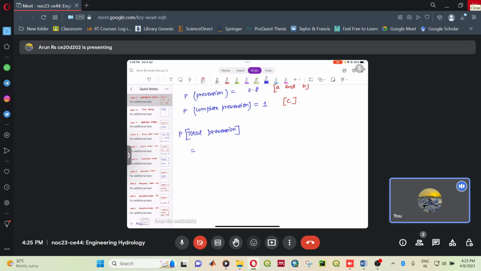So this can be written as probability of structural measure. So in the first case, we are improving the structural measure, which means we are not improving the non-structural measure.